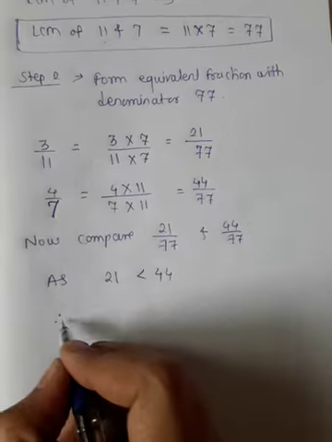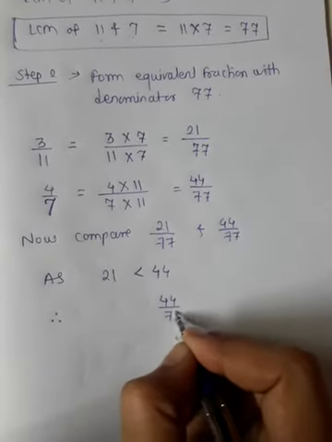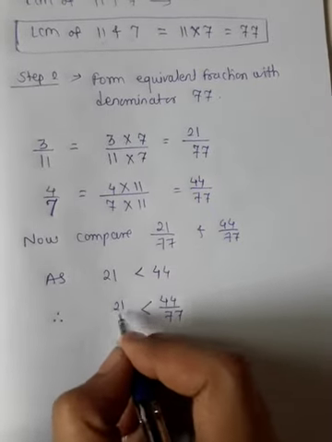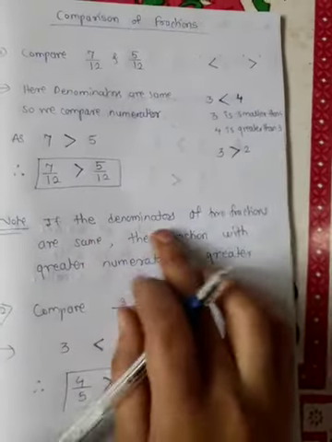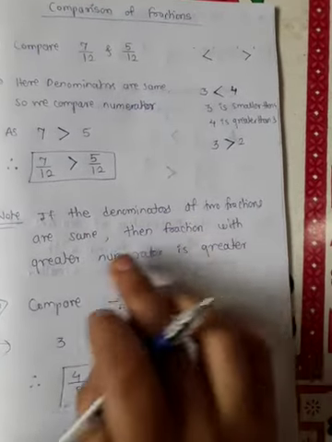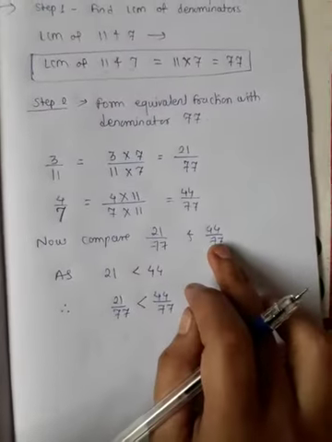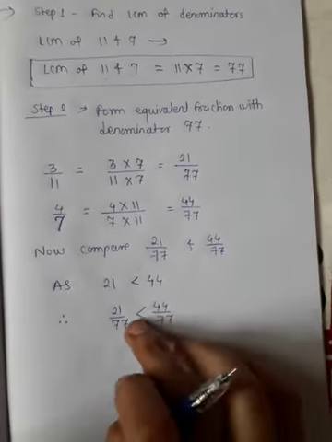So the fraction with the greater numerator, that is 44 upon 77, is greater than the fraction with the smaller numerator. In this example the denominators are the same, so the fraction with the greater numerator, 44 by 77, is greater.